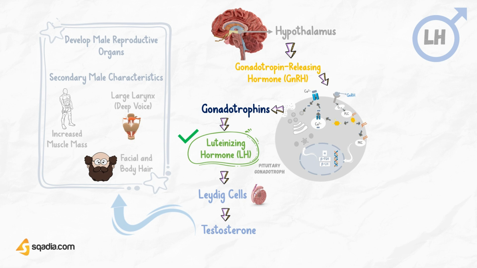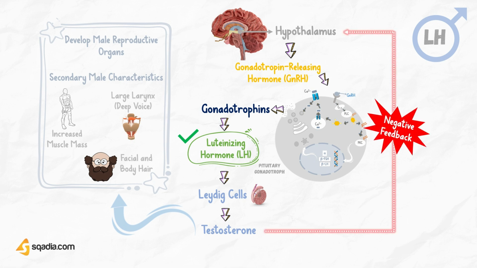Now, testosterone regulates its own secretion by a negative feedback mechanism. It acts on the hypothalamus and inhibits the pulsatile secretion of gonadotropin-releasing hormone. And of course, when GnRH is not secreted, LH will not be released from the anterior pituitary.